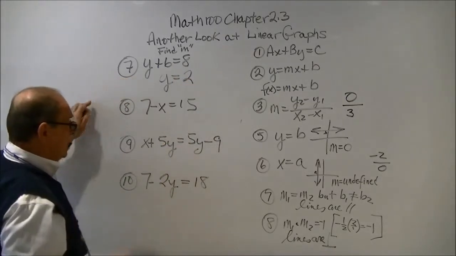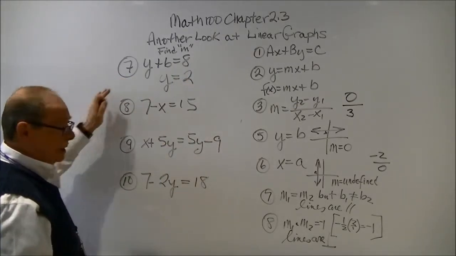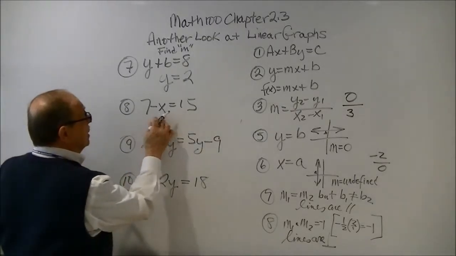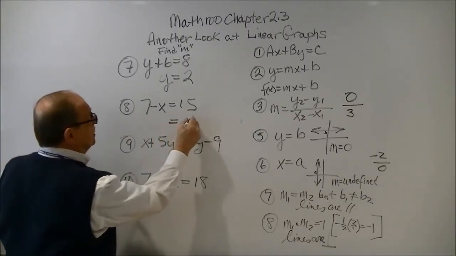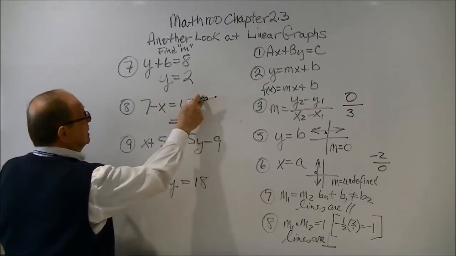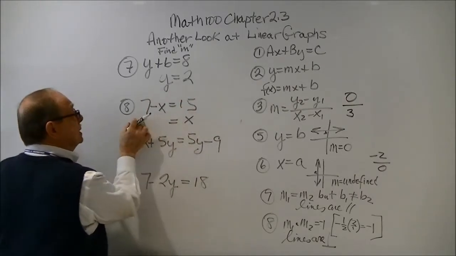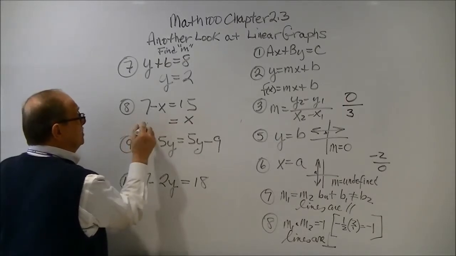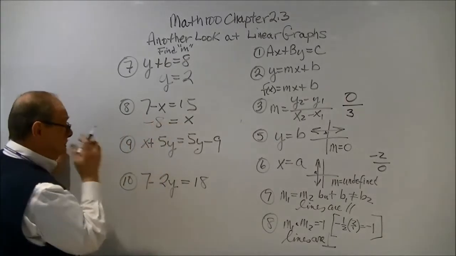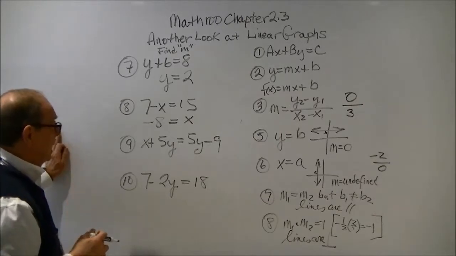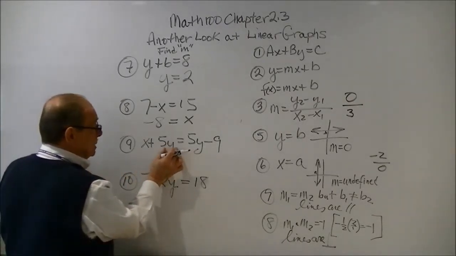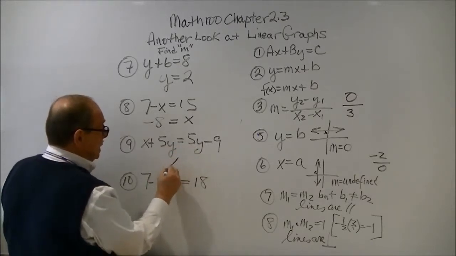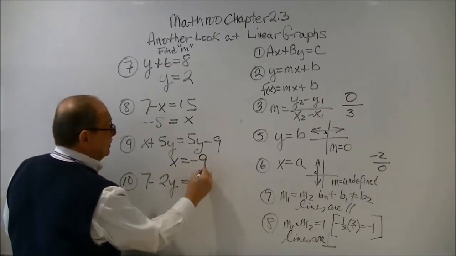So this is y equals 2. In fact, let's solve all the equations first. Here we want to solve for a positive x, so we put x over to this side. This goes over to this side as a negative 15. So this becomes a negative 8. And here we're going to subtract 5y from both sides, and we get x equals negative 9.